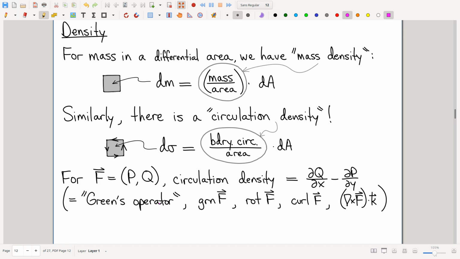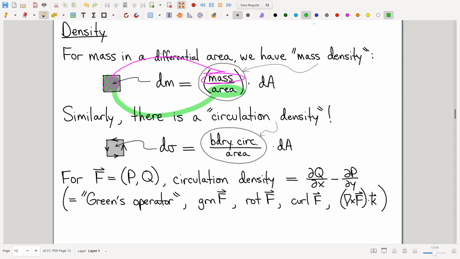So in the same way that I can talk about, for a given area, right, I can talk about how much mass is in that area, and I can divide and talk about, therefore, mass per unit area. Specifically, this thing called mass density is the thing I multiplied times area to get mass, right? Well, let's do the same thing for circulation.